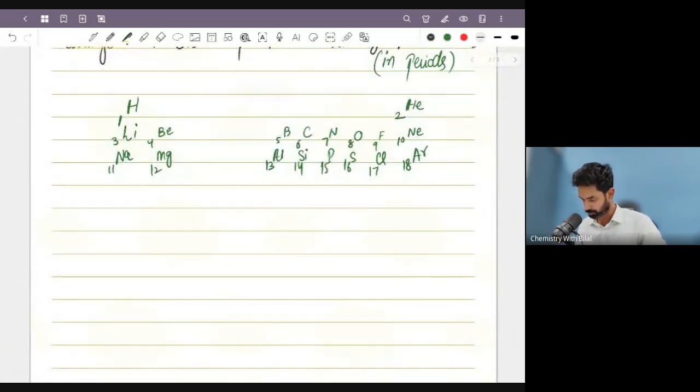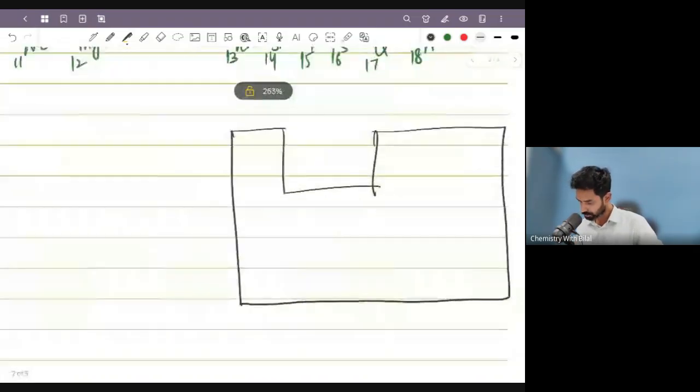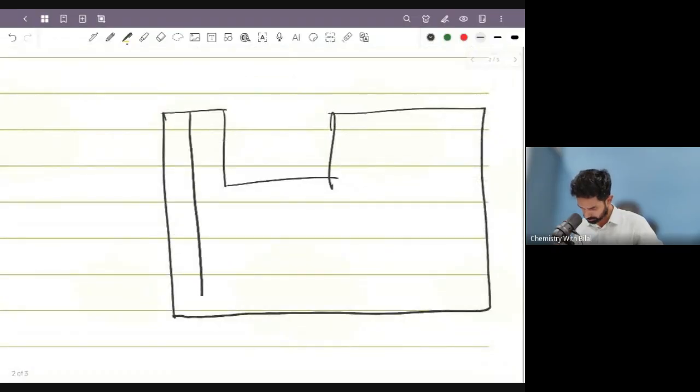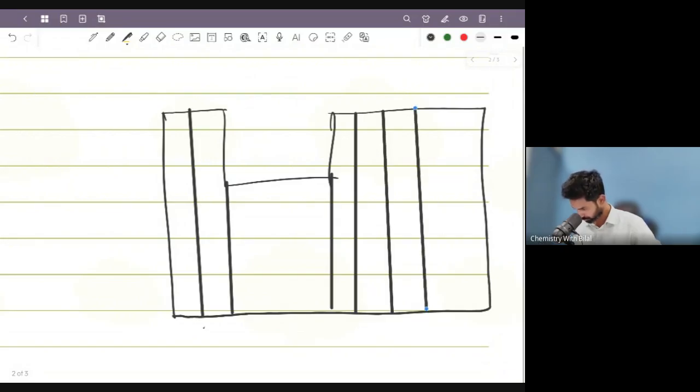Now, you all know the periodic table, this is the basic structure of the periodic table. The elements are present in it, and these are the lines which separate one group of elements from the other groups. We have the centered transition elements, and we have various other groups as well. Group 3, 4, 5, 6, 7, and we have group 8, right?